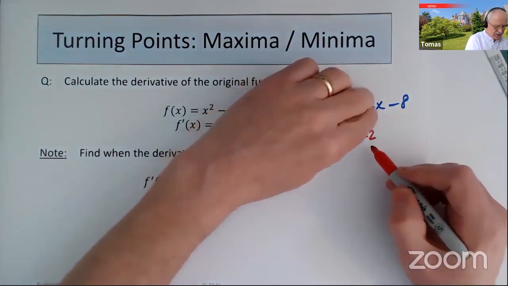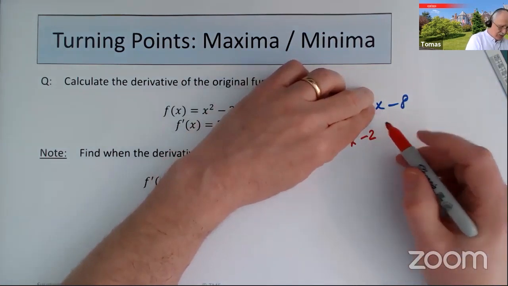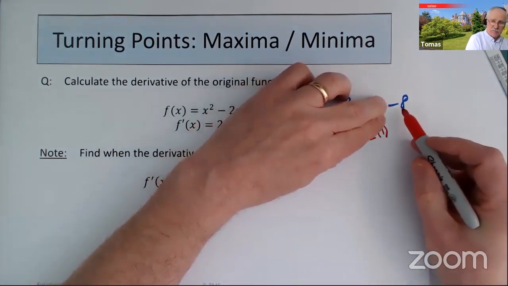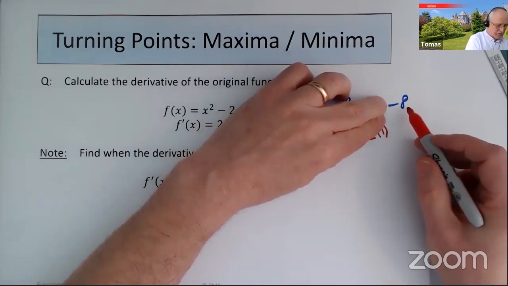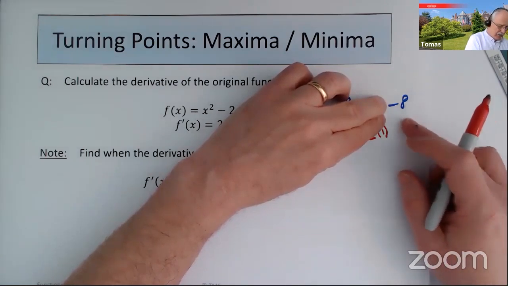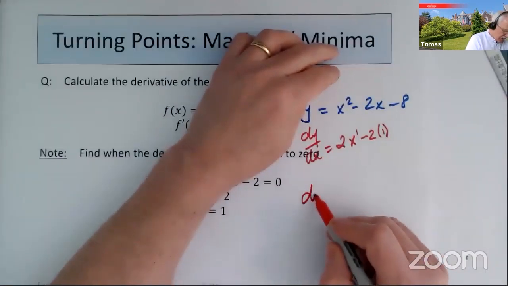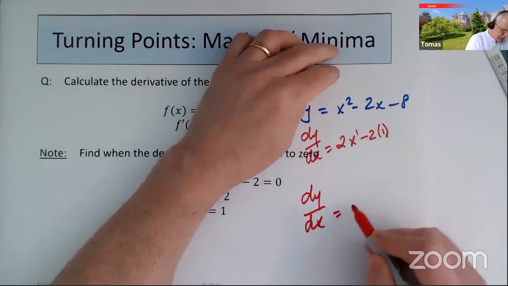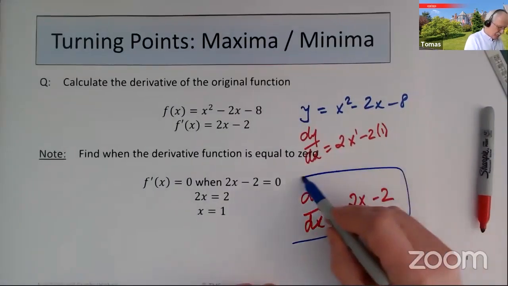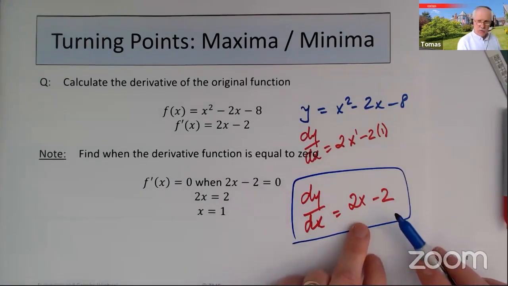The minus 2 stays. dy dx of x is just 1, and dy dx of a constant, minus 8, is nothing. It doesn't depend on x or y, so it's 0. So dy dx here turns out to be 2x minus 2. That's the slope of the graph or the base at any given time, okay?